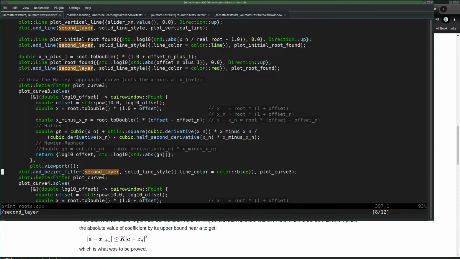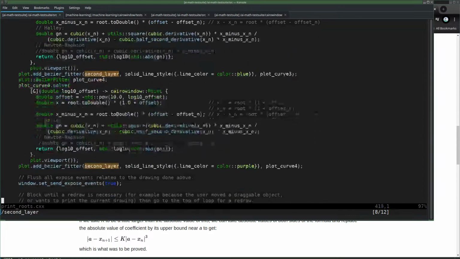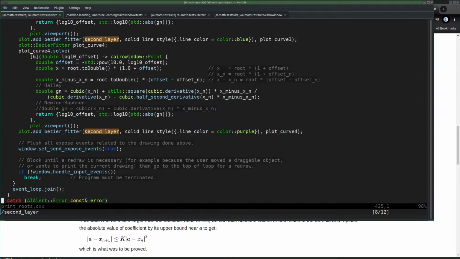That is true. We have just 2 of them, so okay.